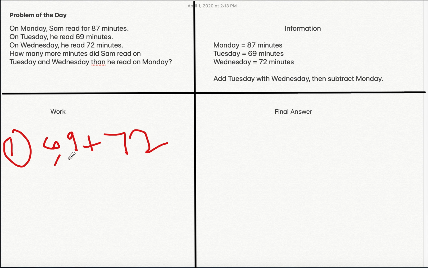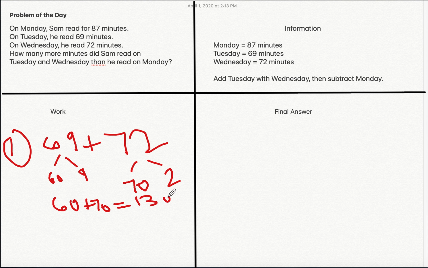You can figure out that I can decompose 69 into 60 and 9 and 72 into 70 and 2. So 60 plus 70 equals 130. 2 plus 9 equals 11.